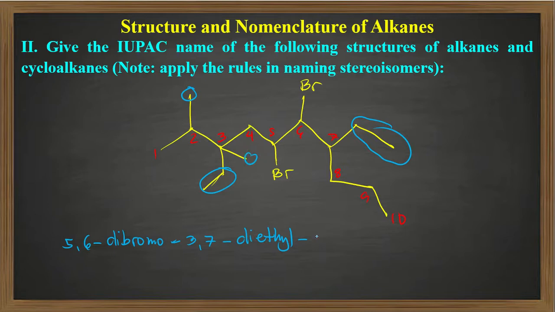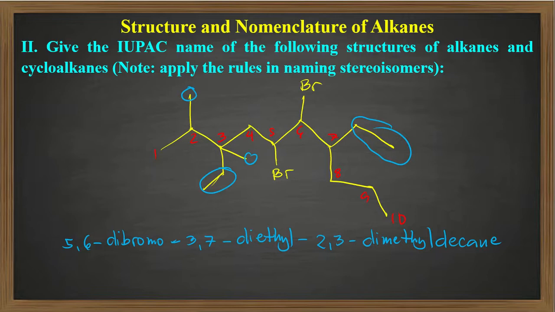So this will be 2,3-dimethyl. Alright. And then the longest chain natin containing 10 carbon atoms, that will be our parent name, which is decane. Okay, that is dimethyl decane. 5,6-dibromo, yan yung name natin dito.